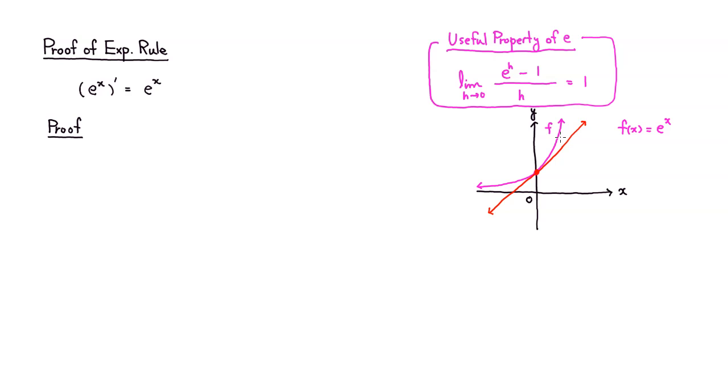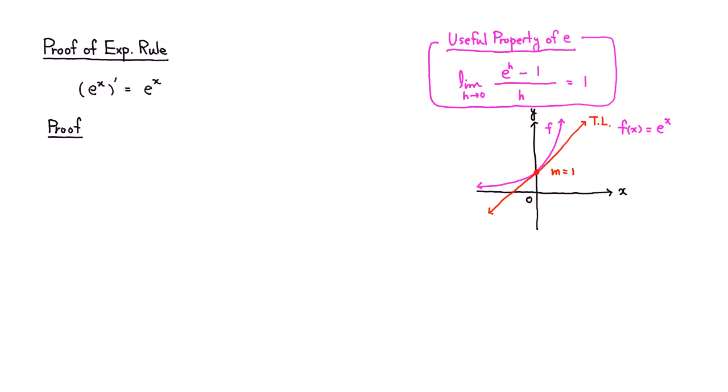If you look at the tangent line to the graph at x equals 0, which is this red line, the slope of that tangent line is exactly equal to 1. I'll show you how you get to this limit.